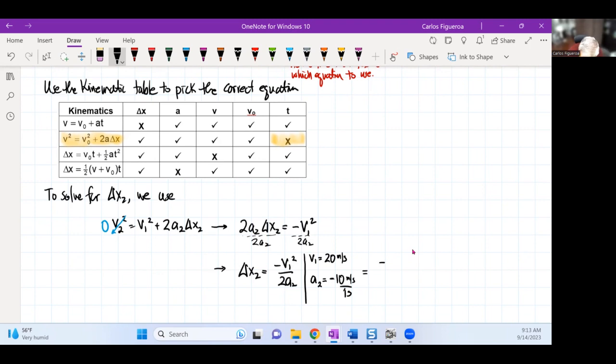I have minus 20 meters per second, squared, meter squared over second squared, divided by 2. Look at the minus sign. I'm going to put the minus sign out here. So then this will be 10 meters per second every 1 second. So right away, you can see that this guy and that guy cancel each other out. And if I punch this into my calculator, I'm going to get that this is 30 meters for delta x2.